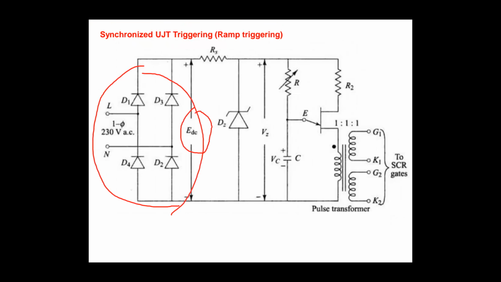This RS we are connecting in series with the rectifier in order to give suitable, lower values of voltage to this Zener diode as well as the UJT. Okay, so now this Zener diode, why am I using this?